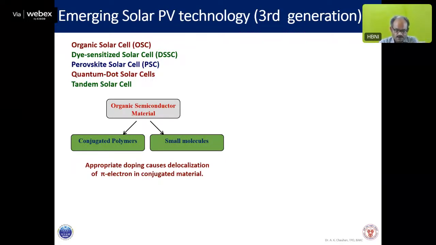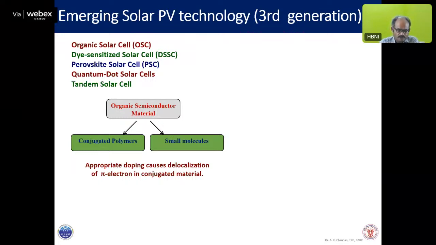So if we see first inorganic photovoltaics, we used silicon or inorganic semiconductors. In these third generation solar cells, organic semiconductor materials are used for making the devices.